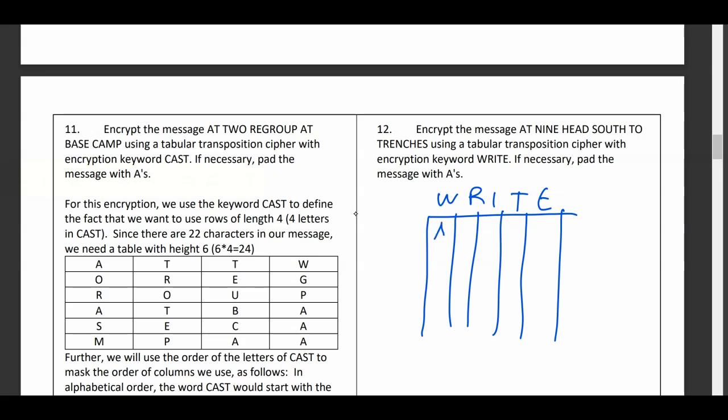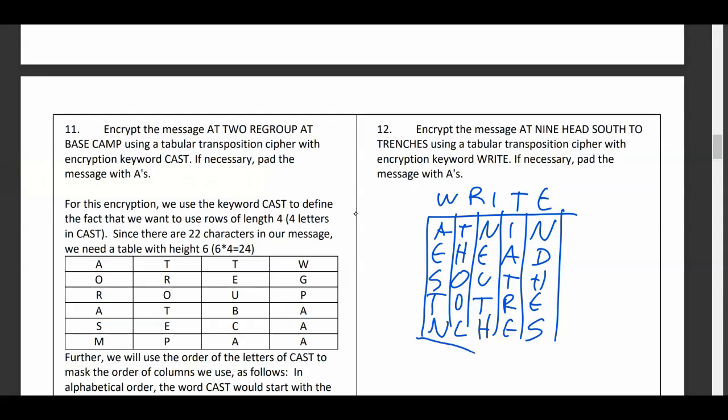And so now we write it out: at 9, head, south, to, trenches. No filler words needed here.